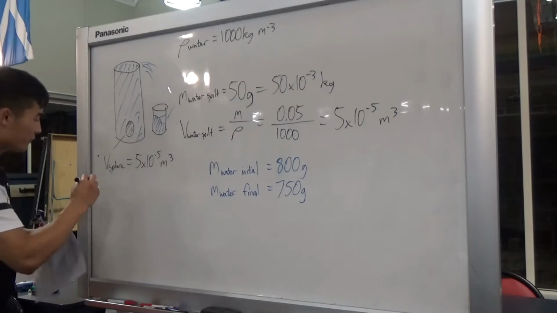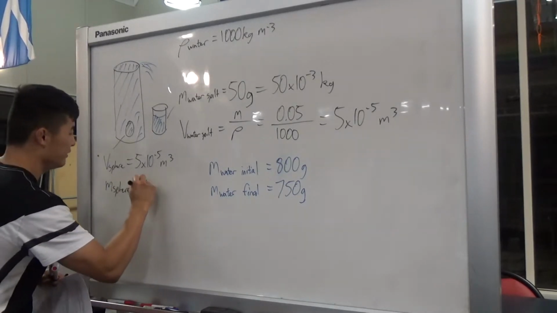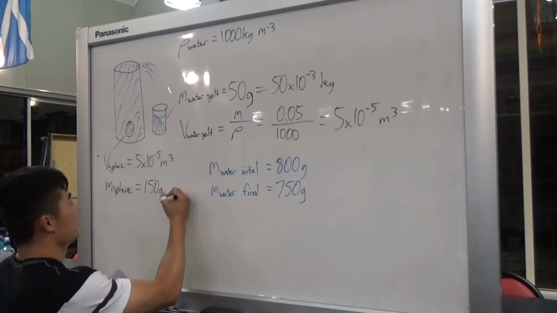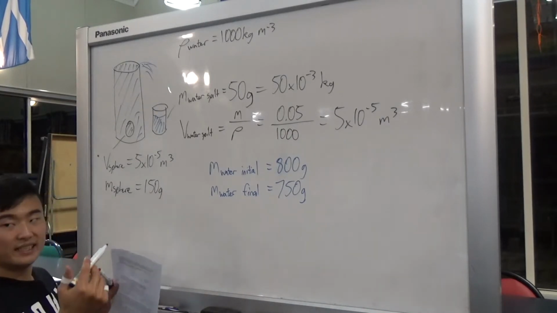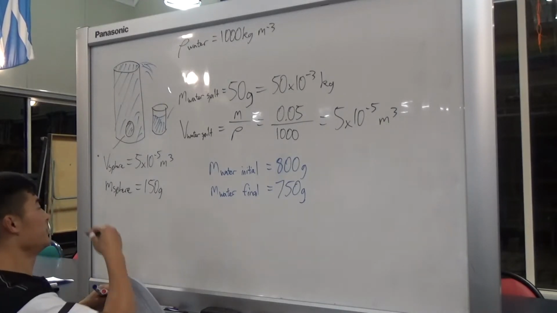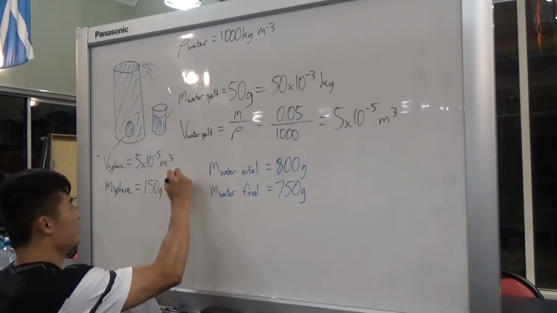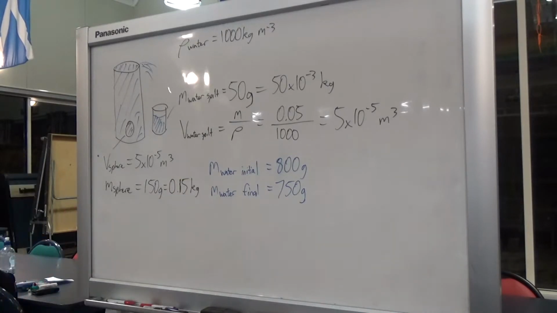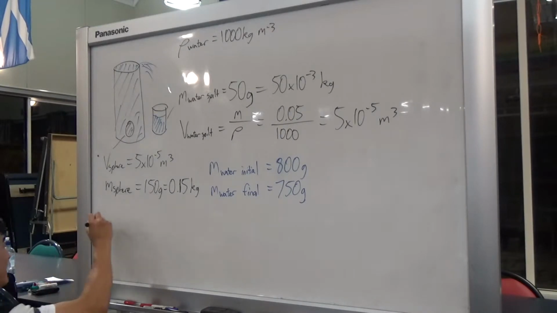So the mass of the sphere must be equal to 150 grams. Okay? Because we know there's only 750 grams of water in the beaker, but it now weighs 900 grams in total. So the sphere must be 150 grams, which is equal to 0.15 kilograms.